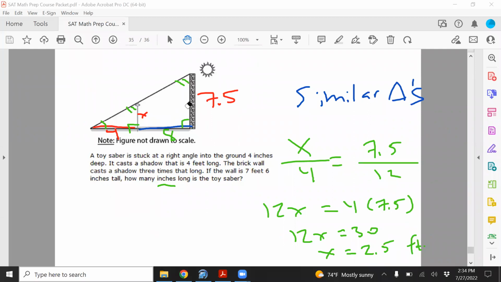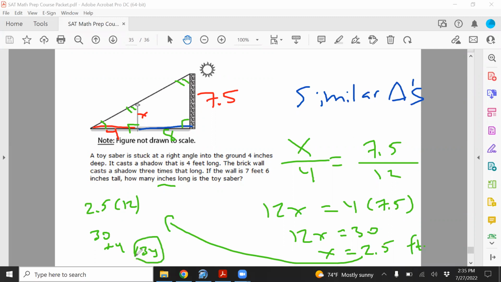And it's also 4 inches into the ground, right? So 2.5 feet, convert that to inches, multiply by 12, that's 30. Then add 4 also. So the answer is 34. That would be a harder problem because you had to be very, very careful with all the information that's there and be able to process and use it correctly. So yeah, that's that one.